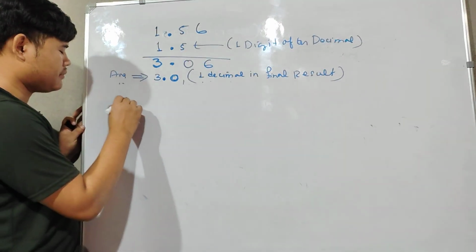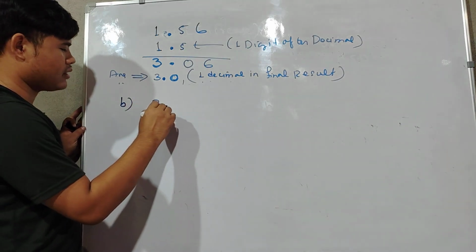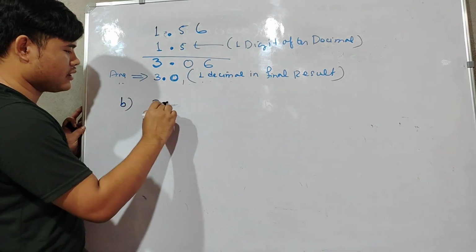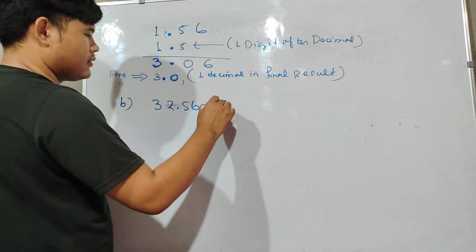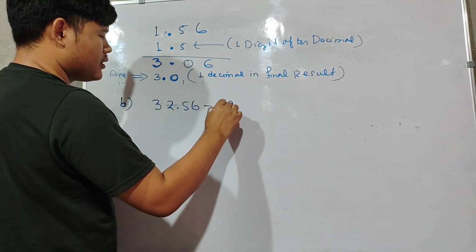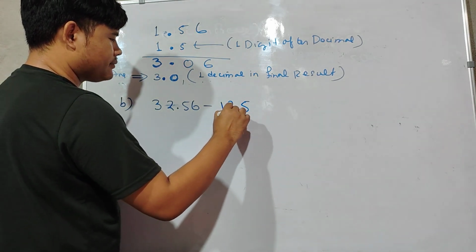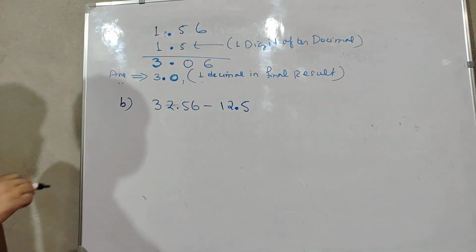Suppose now there is subtraction: 32.56 minus 12.5. Do this one.